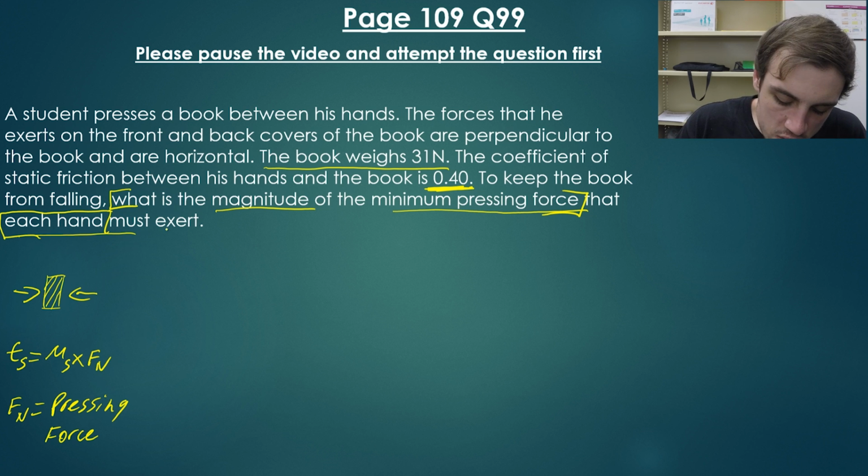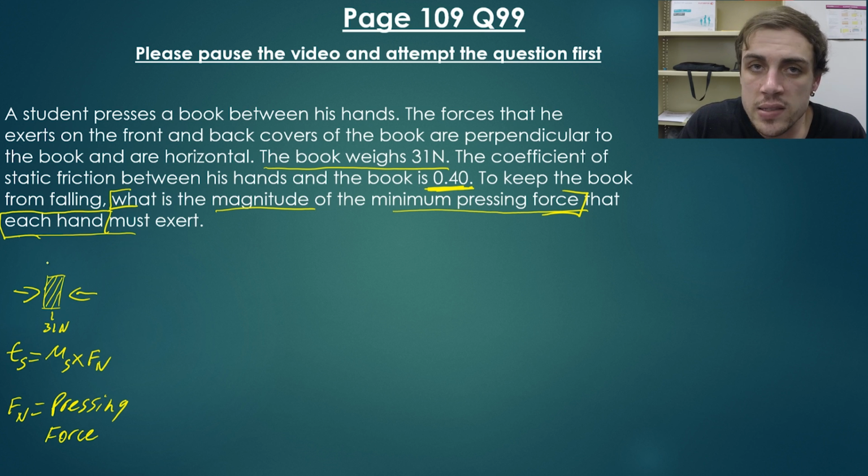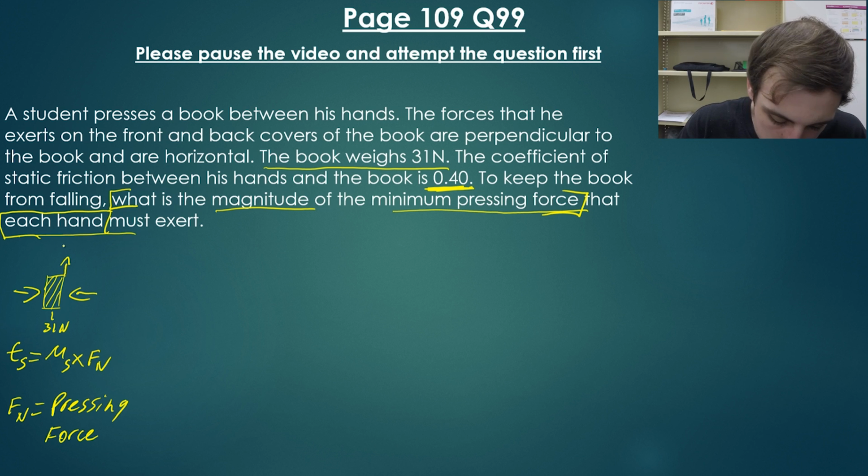Now, we are also told that the weight of the book is 31 newtons. Something we can see from this as well is that what is keeping this book in our hands is the static frictional force. So the amount of frictional force is what's holding this book up.